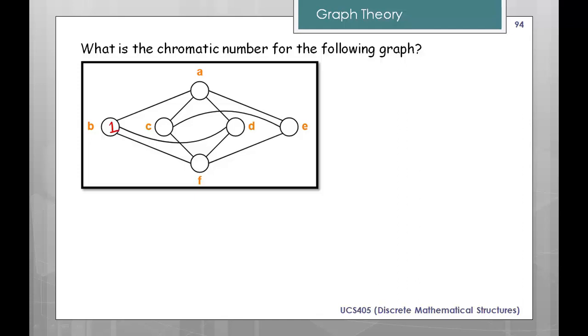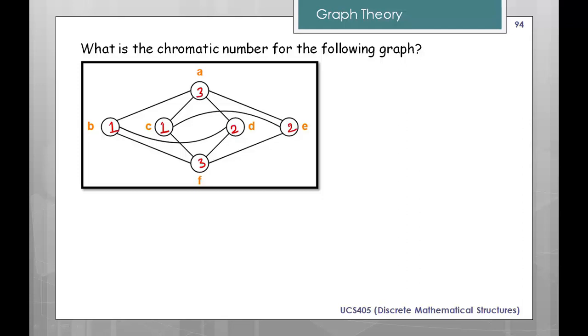But I can assign the same color here. Is this possible? Yes. Next, we can assign the second color to this node, because D and E are not connected. And the third color here.